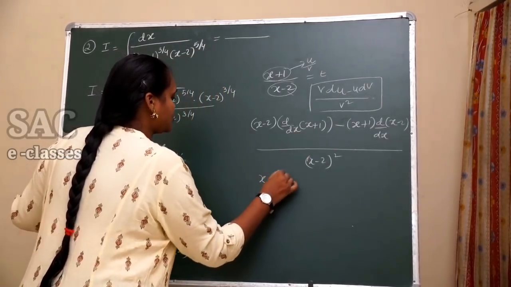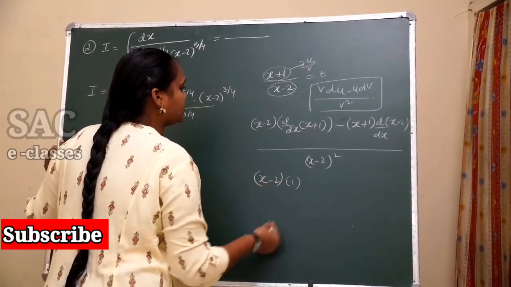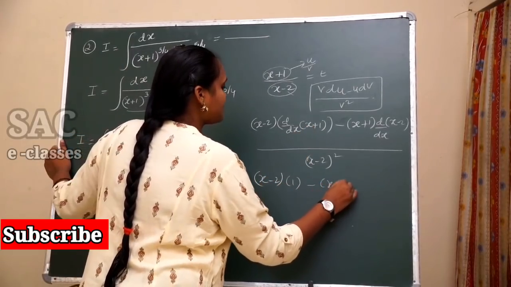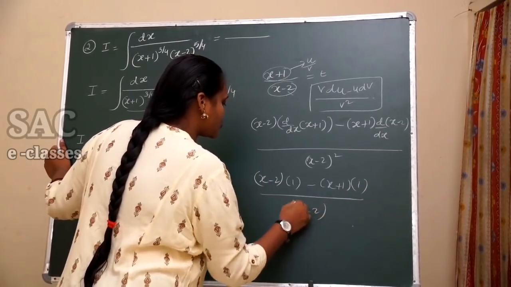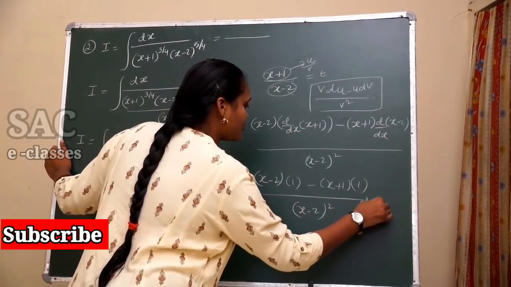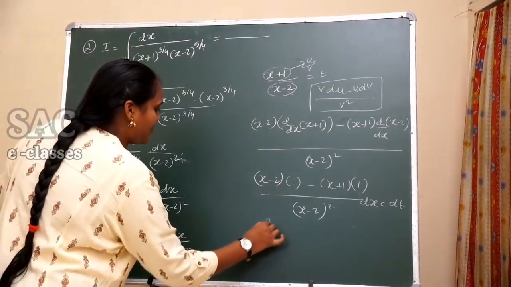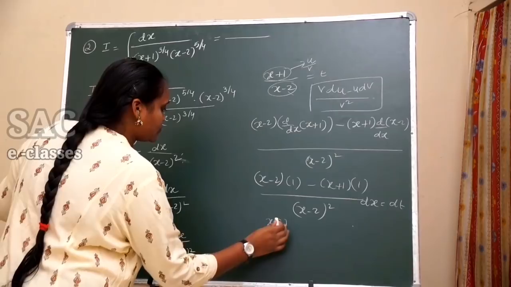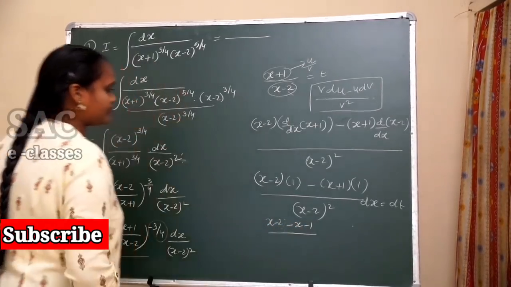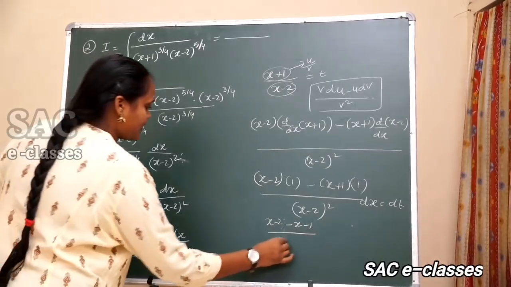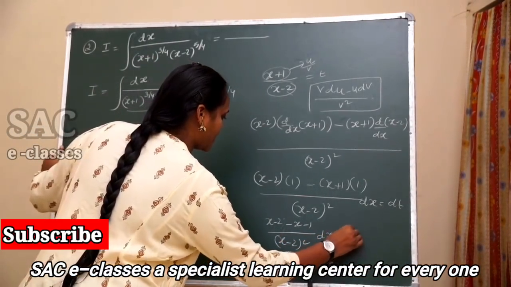Now (x minus 2) into 1 minus (x plus 1) into 1, by (x minus 2) whole square. Don't forget about dx as well as dt. Let us simplify it: (x minus 2 minus x minus 1) by (x minus 2) whole square dx equals dt.